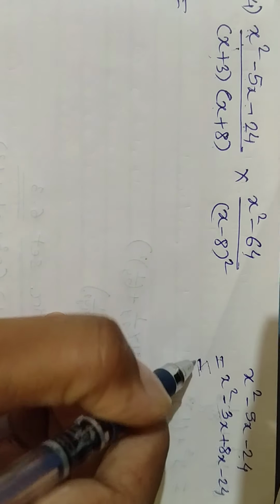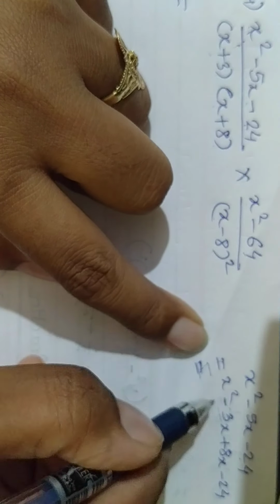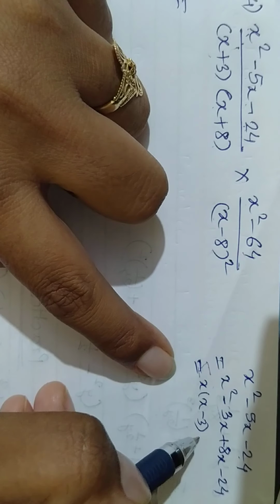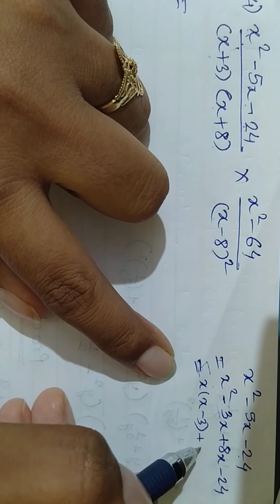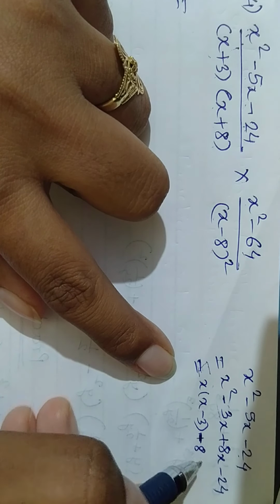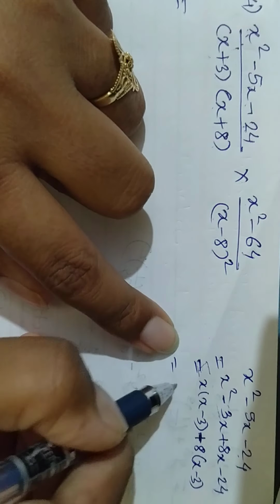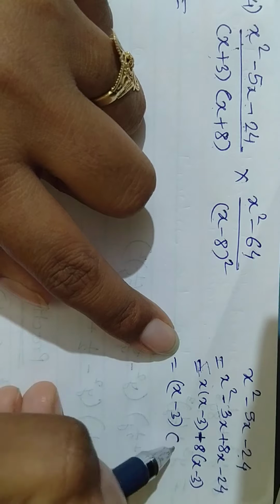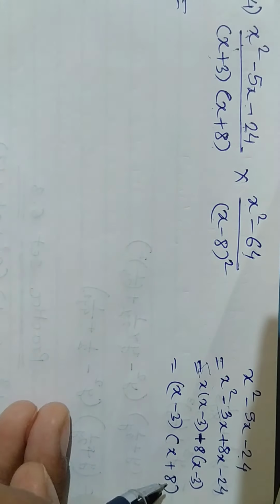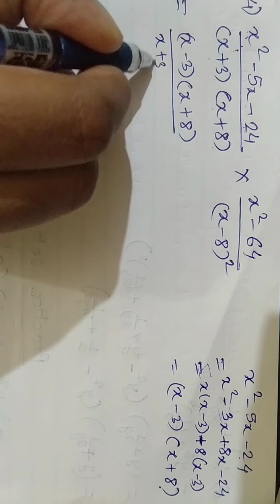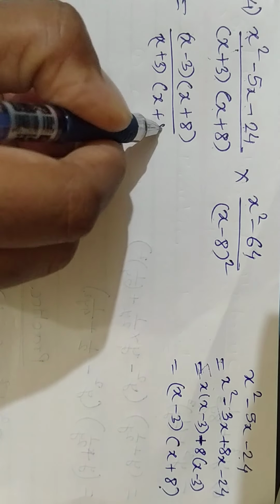Now next, from this 8x common, x minus 3, and here 3 common, x minus 8. So now directly we can write here (x minus 8)(x plus 3), down (x plus 3)(x plus 8).